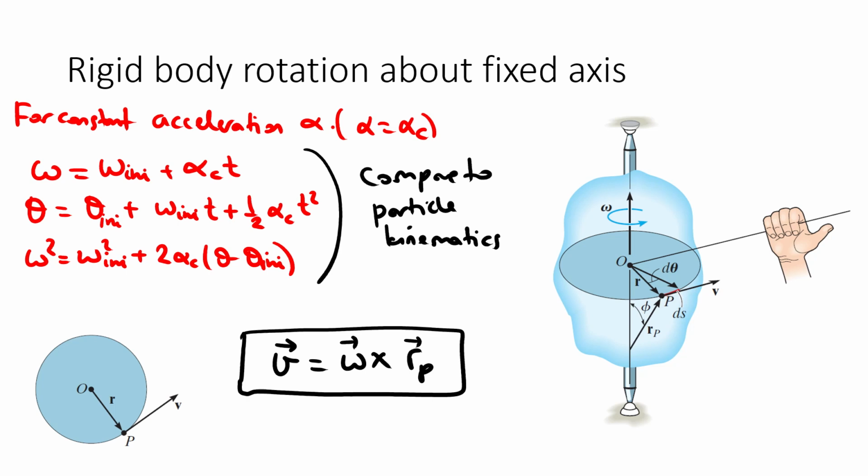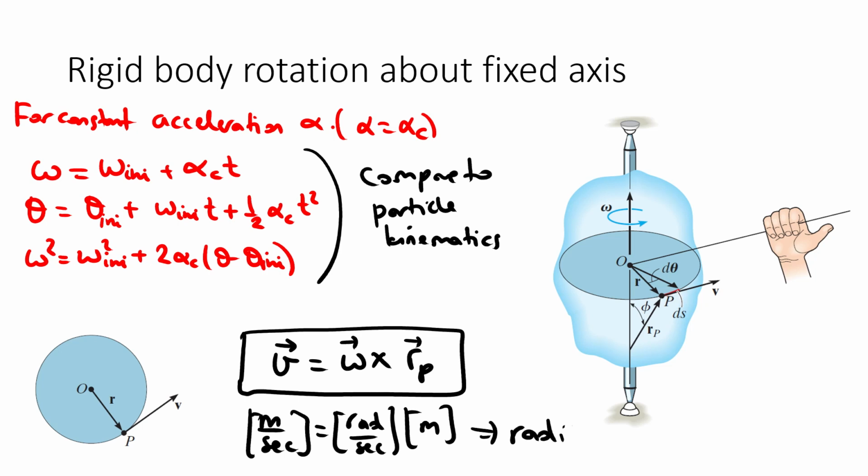If you check the units, the first one is meters per second, and then you have radians per second, and then you have meters. Note that radian is not a dimension. So this gives you meters per second on both sides. These are the main formulas.